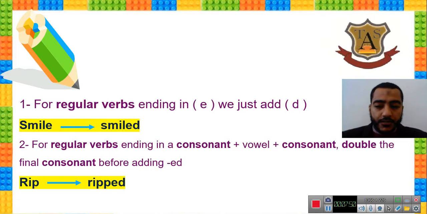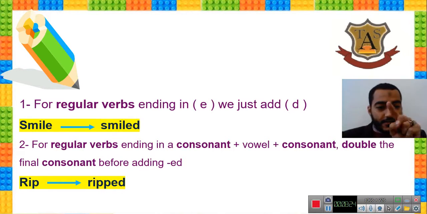For regular verbs ending in a consonant plus vowel plus consonant, focus here: consonant plus vowel plus consonant. Before we continue, who can remember what the vowels and the consonants are? Do you remember the face that I drew before on the board for the vowels?